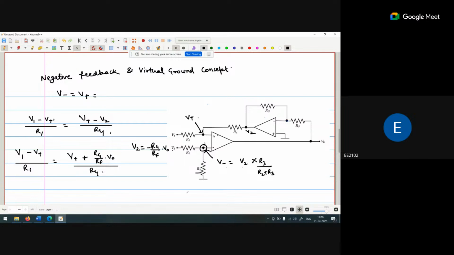Can I separate it? So V1 by R1 minus V plus upon R1 minus V plus upon R4 is equal to Rg by Rf into R4 times V naught.